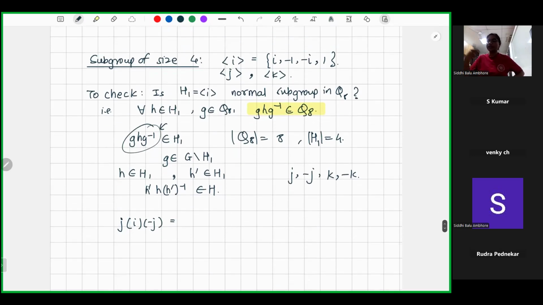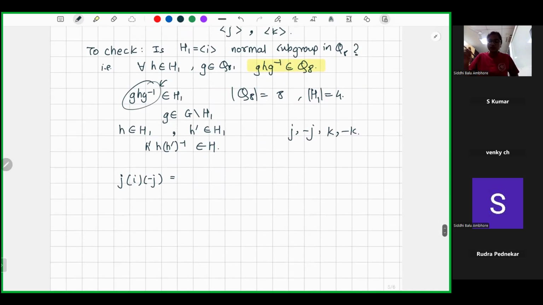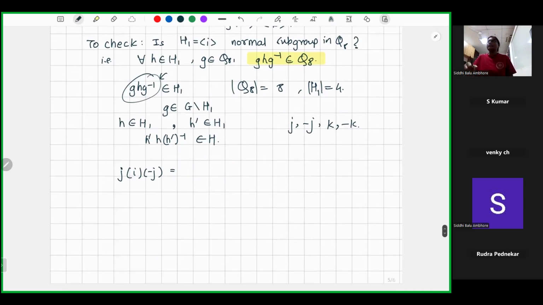So again from H1 we do not need to consider 1 and -1. The only remaining elements are j, i and -i, and we have to check, when I multiply i and -i with j, -j and their inverses, whether they land in H1 again or not.